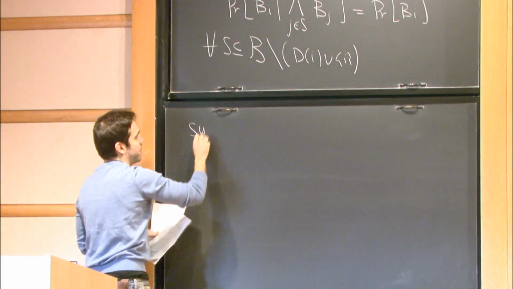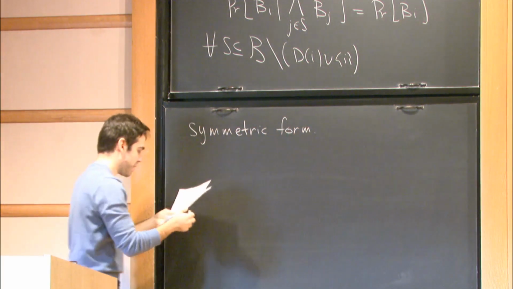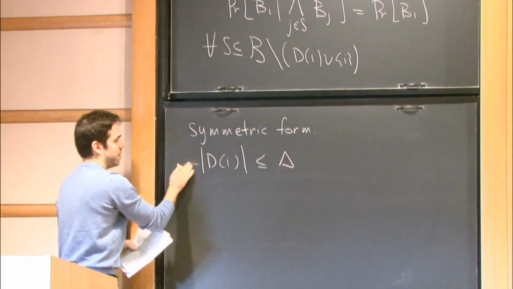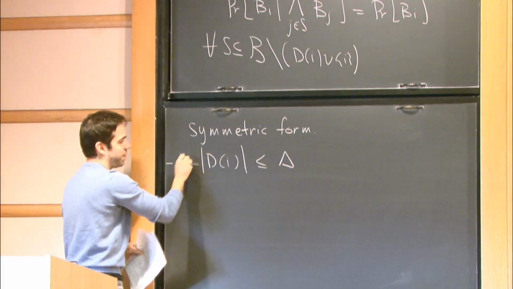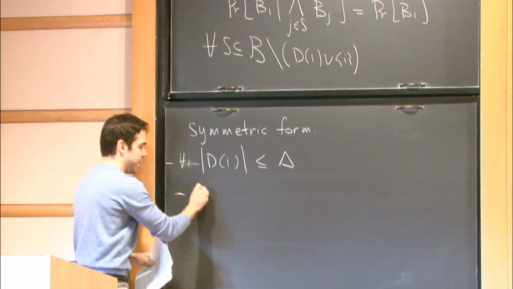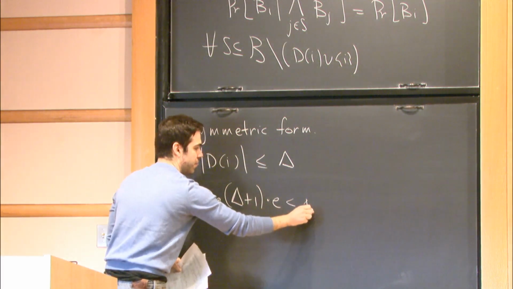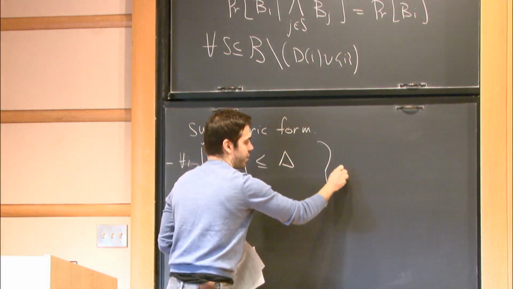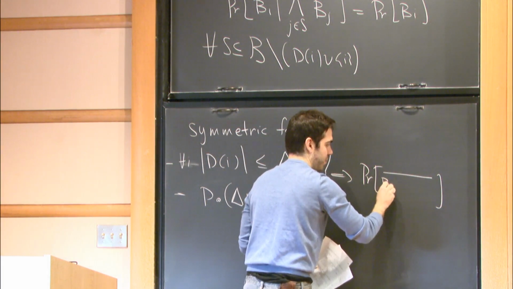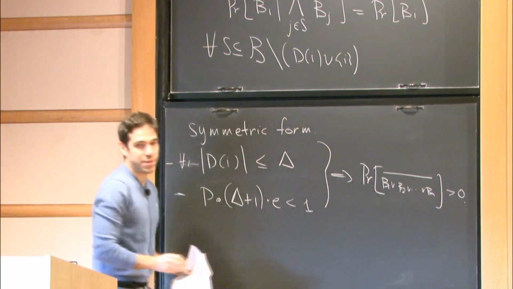Okay, so the symmetric form of the LLL says basically that if each bad event is mutually independent of all but at most delta other bad events, and it's not too likely, so under these two conditions, then the probability of avoiding all bad events is positive.